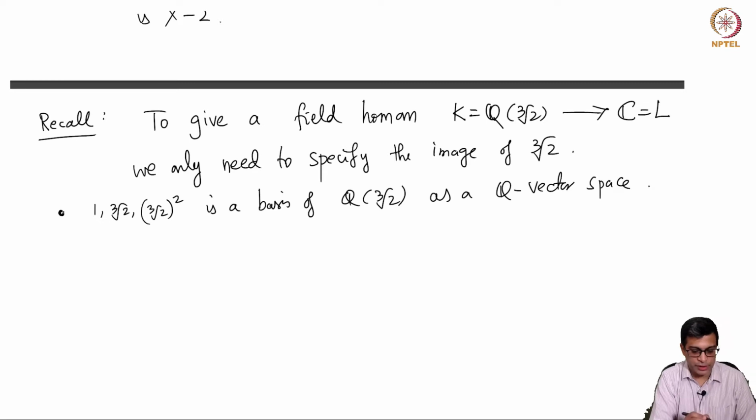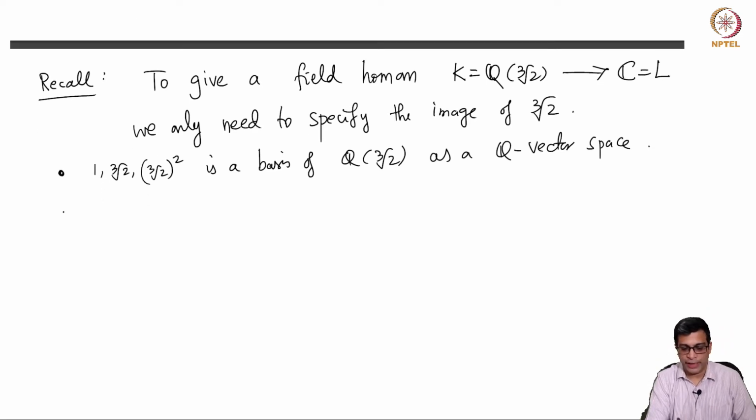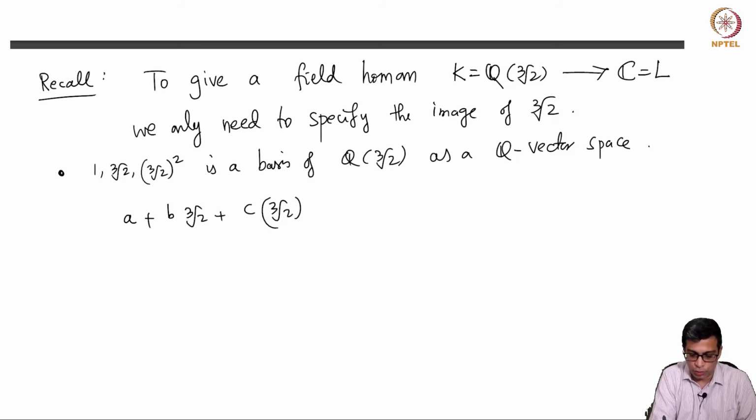So any element of Q adjoined cube root of 2 can be written as a rational number plus another rational number times cube root of 2 plus another rational number times cube root of 2 whole square. Now that rational number must go to itself. So if you have a plus b cube root of 2 plus c cube root of 2 whole square, where can it go under sigma?